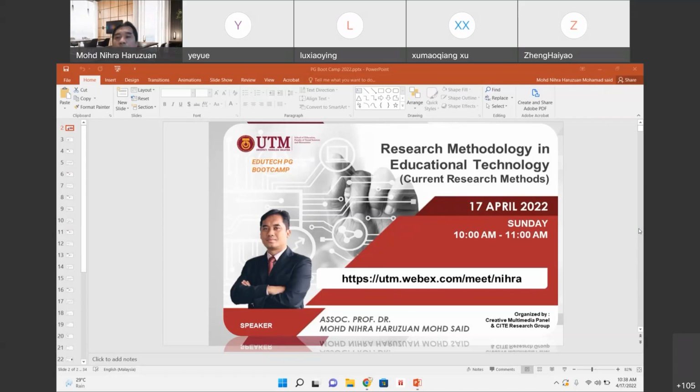Should we describe what type of research paradigm we use in the writing? Thank you, Rohaya. Normally in a thesis, the focus is on the research design. We do not emphasize the research methodology.